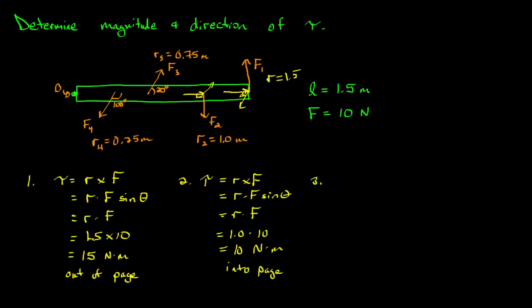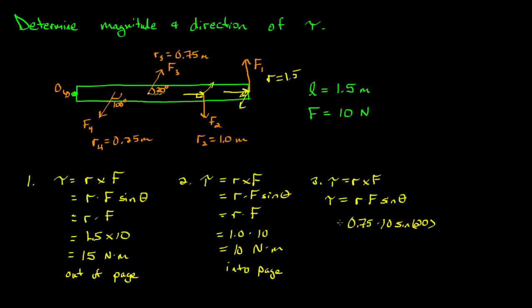Number 3. So again, torque is always R cross F. And so my torque in this case is going to be RF sine theta. My force is applied at 20 degrees. This would be the extension of the R, so 20 degrees. So I get 0.75 times 10 times sine 20.